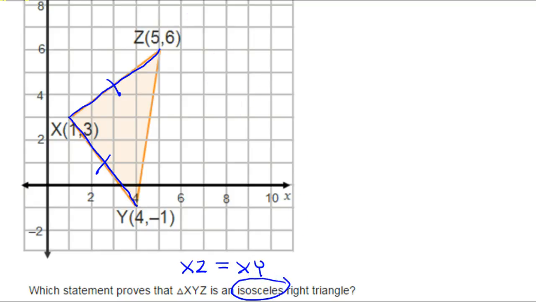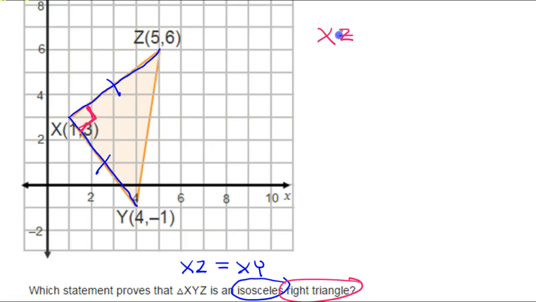Now, how about the right triangle part? If it's going to be a right triangle, that means we need a right angle, like 90 degrees, right there. When you have coordinates, you use the slopes. If we want these to be perpendicular, that's what it would take for this to be 90 degrees.